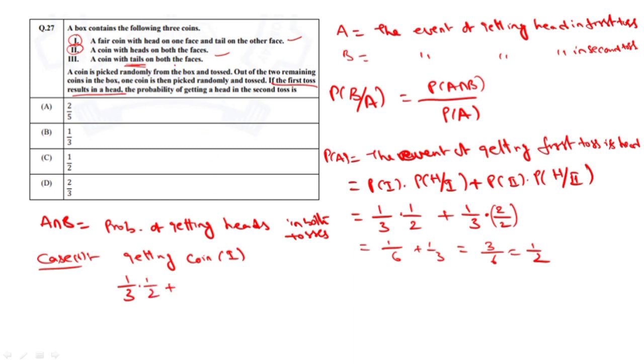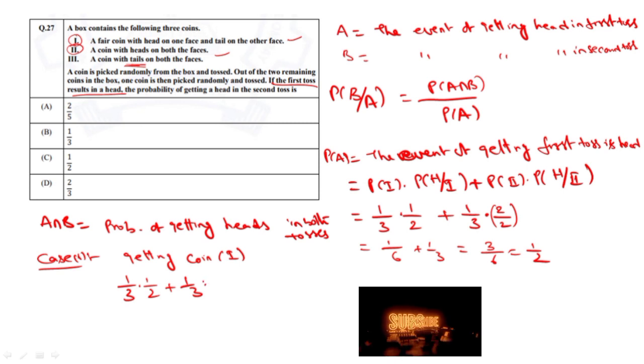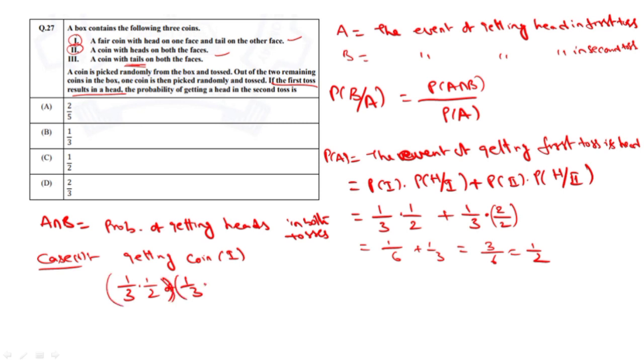Definitely you should get the second coin as this one: 1 by 3 into 1, or 2 by 2. So this will be 1 by 3 into 1 by 2 into 1 by 3 into 2 by 2, which is 1 by 12.